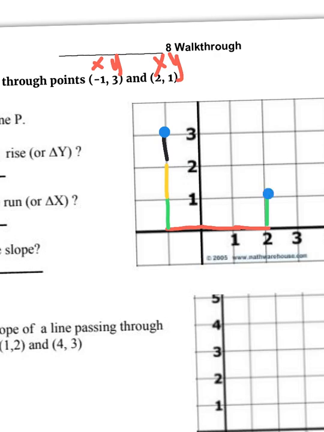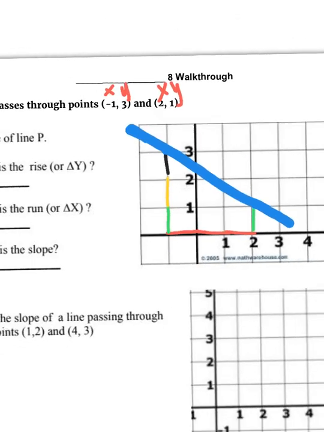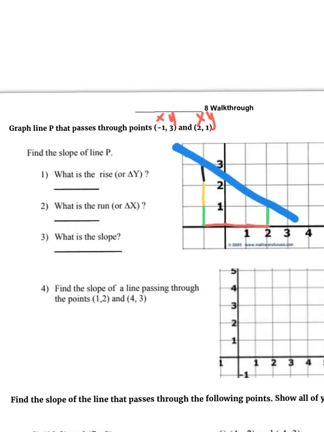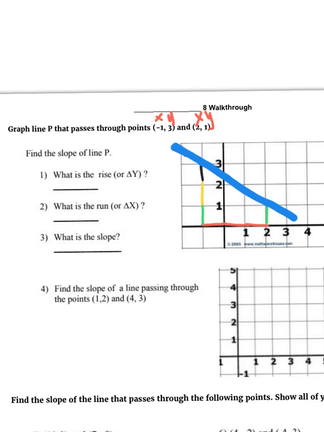And so I want to know some things about the slope of the line that goes through these 2 points. So let's figure out what that slope is. How we determine slope is we know that slope is rise over run.